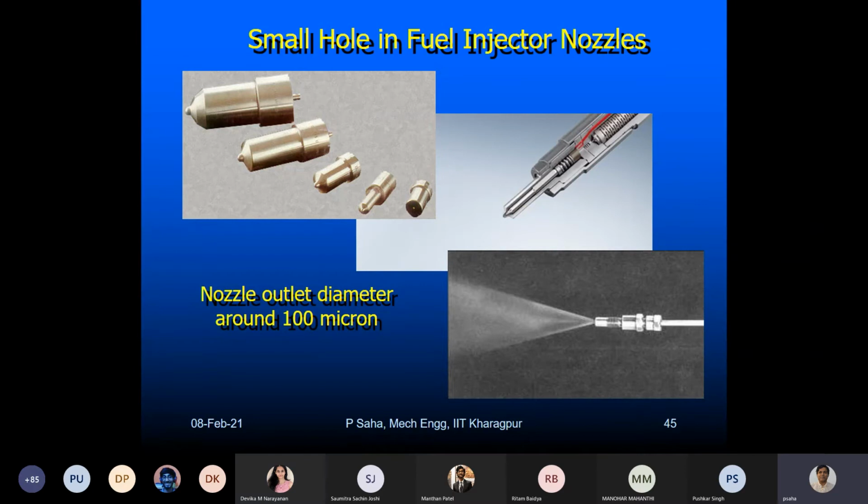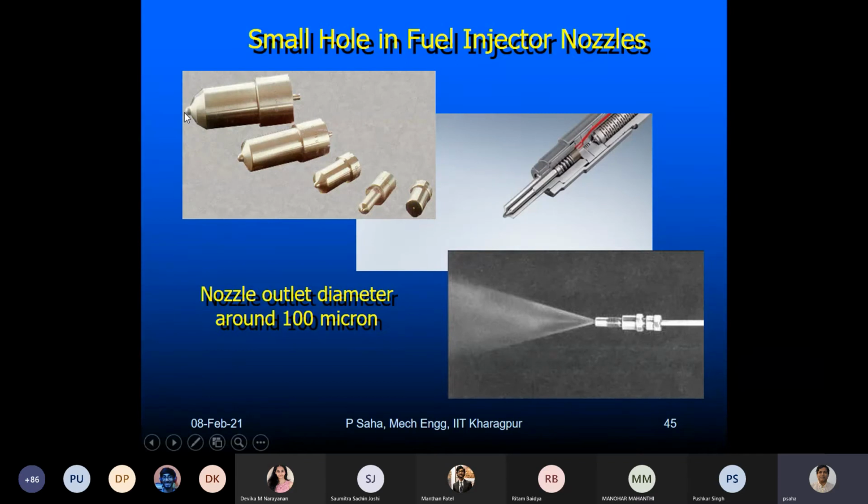Some of the applications in this, for example, are fuel injectors. In an automobile engine, you have to have fuel injectors. The fuel has to be at high pressure because of the small orifice, so it will get atomized. So it has to be really very small.